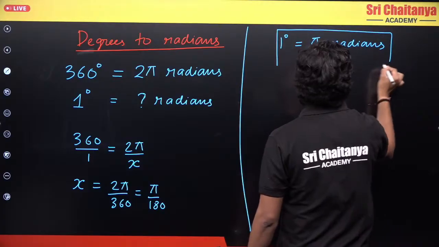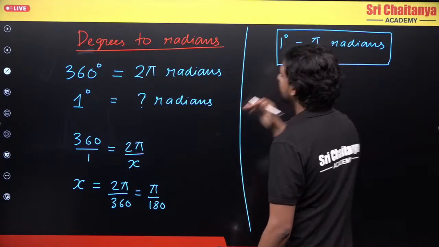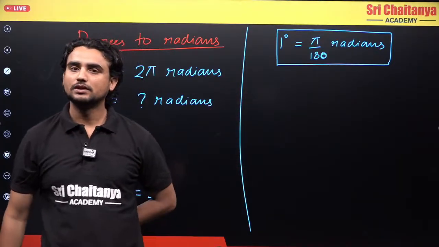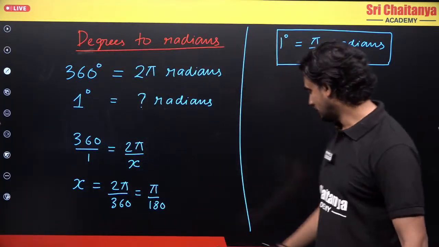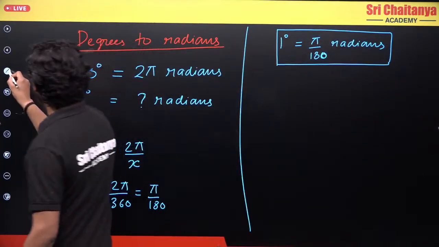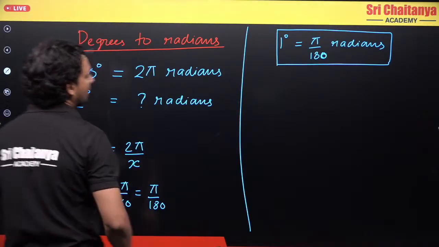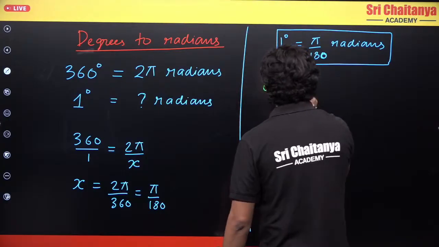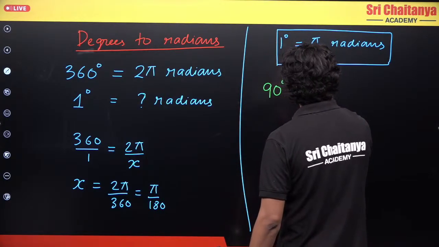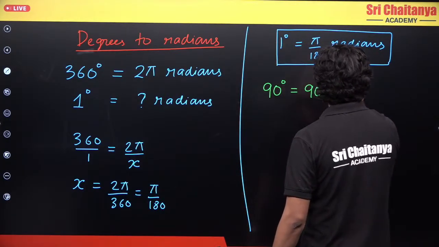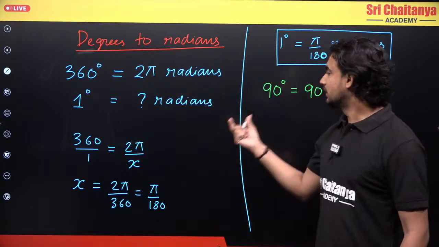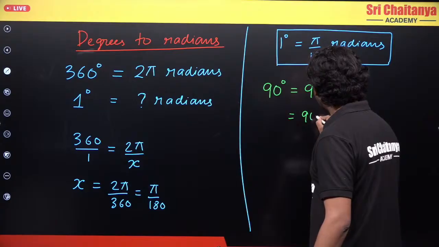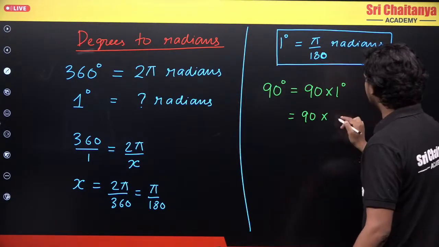Very important: 1 degree is equal to pi by 180 radians. Let's say I ask how much is 90 degrees in radians? I can write 90 degrees as 90 into 1 degree. And 1 degree is pi by 180 radians.